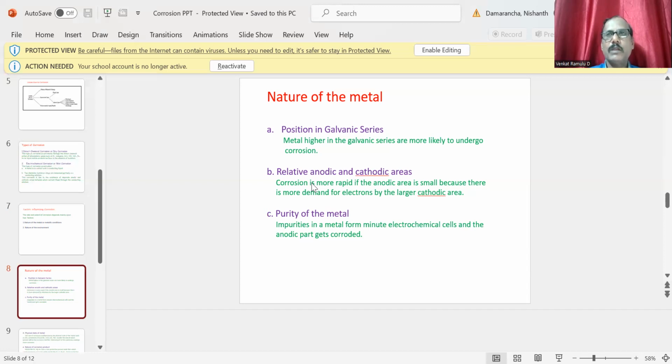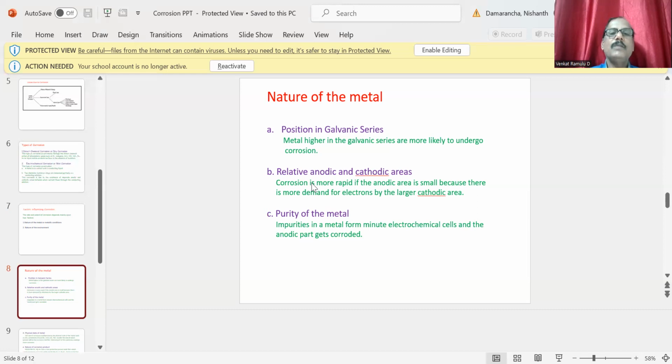Reduction reaction takes place. So a larger cathodic area always demands more electrons. The demand is more at the larger cathodic area. To meet this demand, the smaller anodic area has to undergo more corrosion. So the rate of corrosion increases very highly if the anodic area is small.